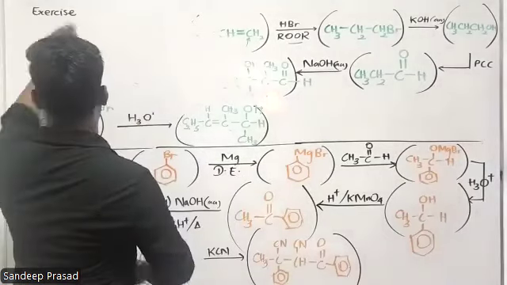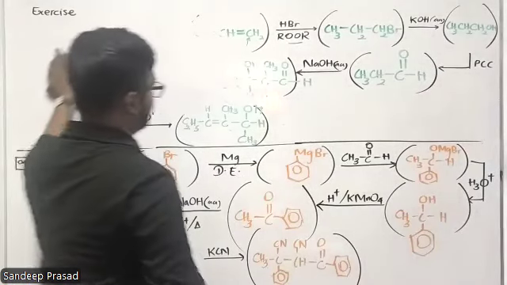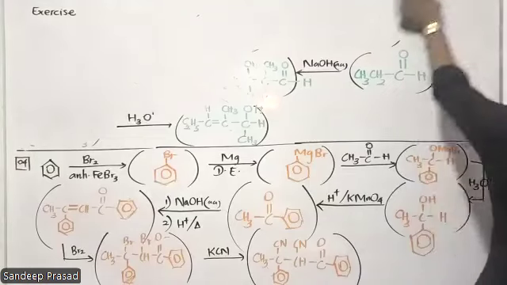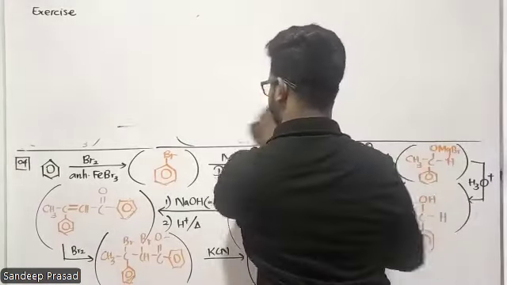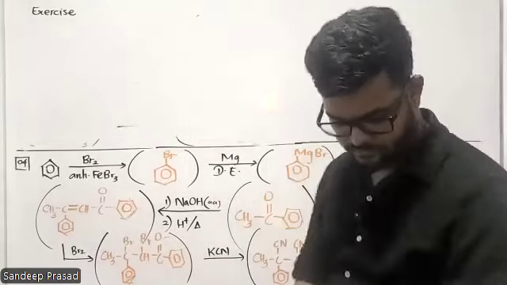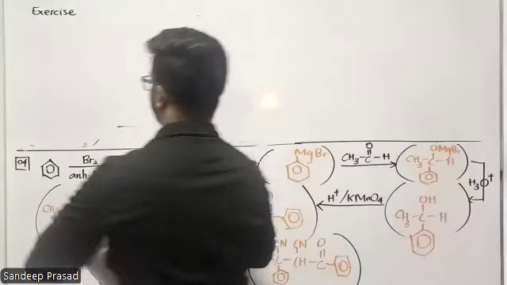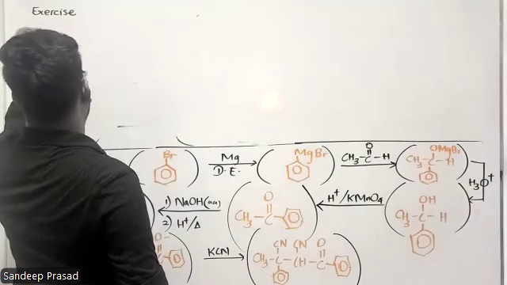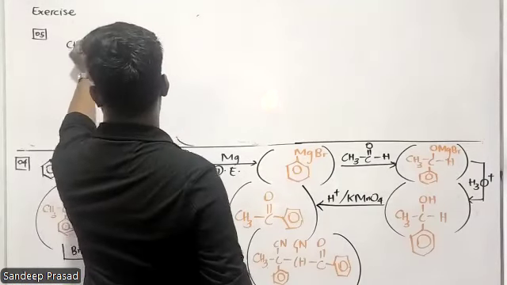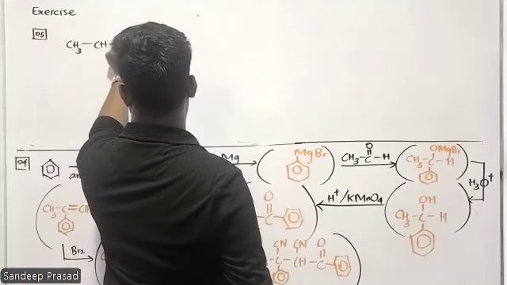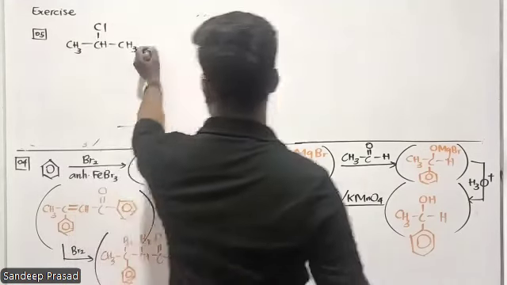Okay, now students, I'm going to give you a conversion. You have to do this one within a maximum of 6 steps. Okay, try this one. Number 5. We have a compound like this.